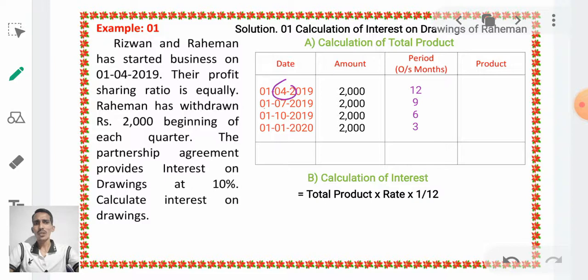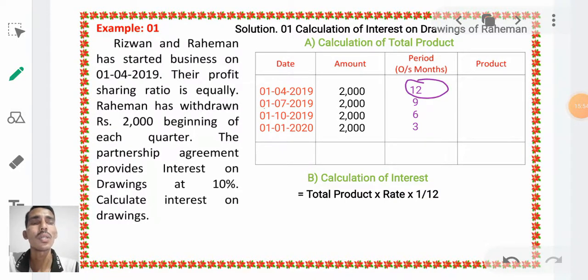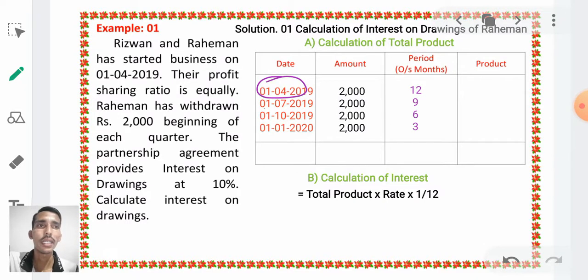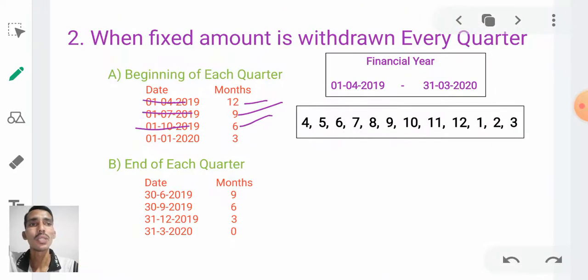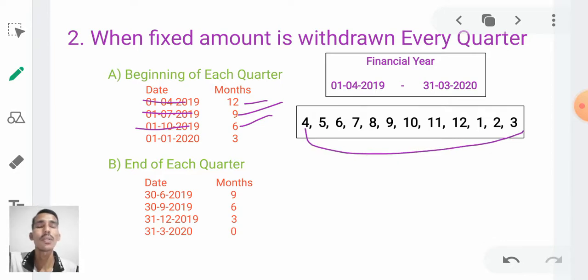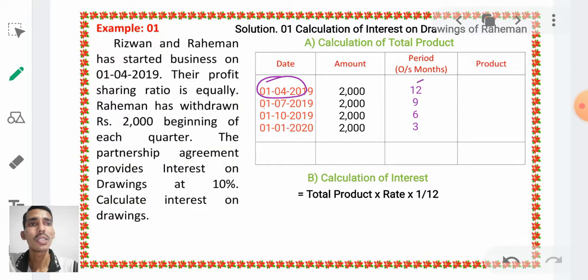How will this 12 months come? He has withdrawn in the 4th month, April. From April to the end of the year, how many months will it be? 12 months. Therefore, this should be considered as 12 months.